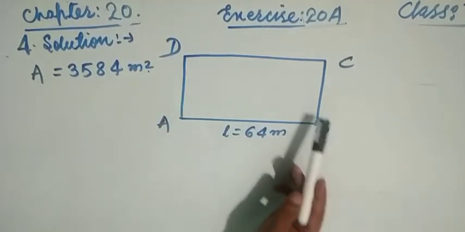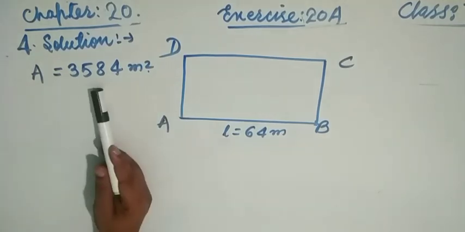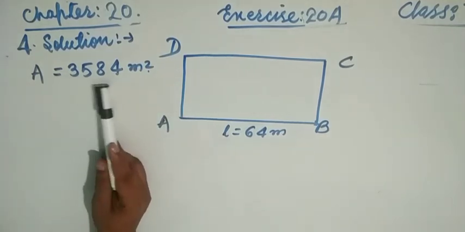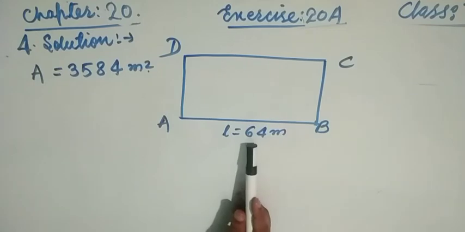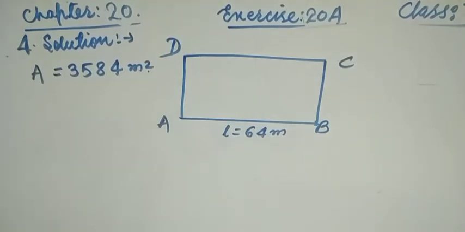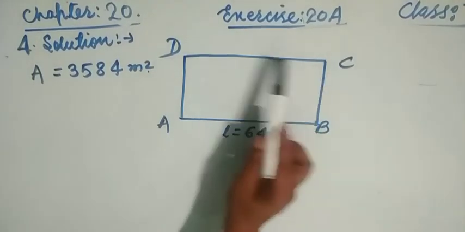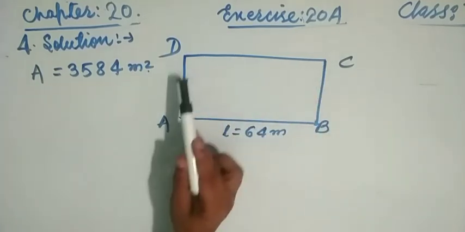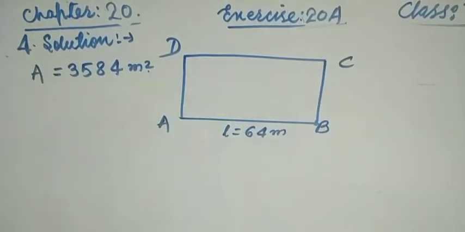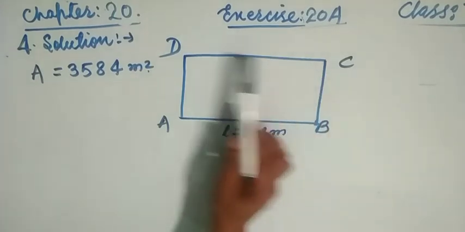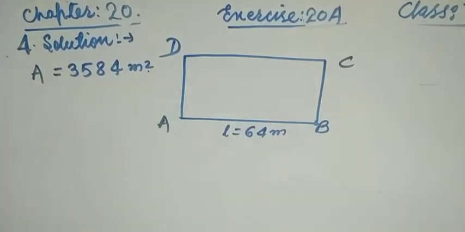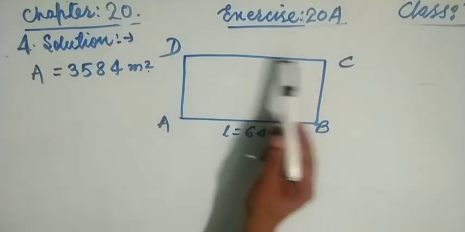Suppose that ABCD is a rectangular field and the area of this rectangular field is given 3584. Okay, and the length is given 64 meter. Then a boy runs around this perimeter, that means around this rectangular field, at the speed of 6 km per hour.